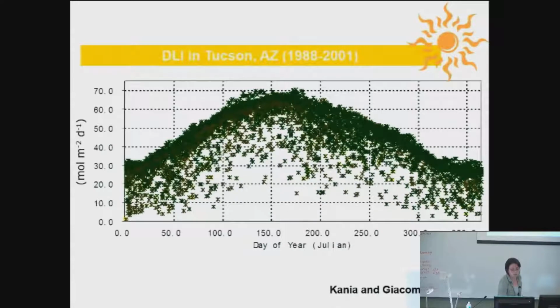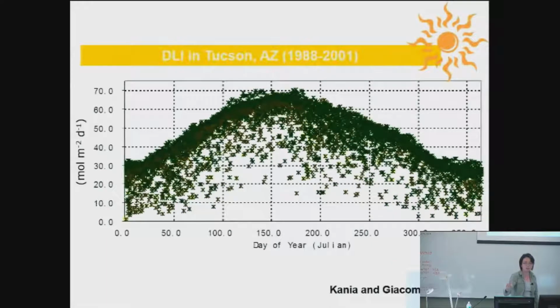So you see that in Tucson, outside, of course, we get as much as 70 moles per square meter per day in summertime. And in wintertime, we can even get 30 moles per square meter per day. Of course, we have cloudy days like Monday, and in that case, very low light intensity, therefore not even 1 mole per square meter per day.